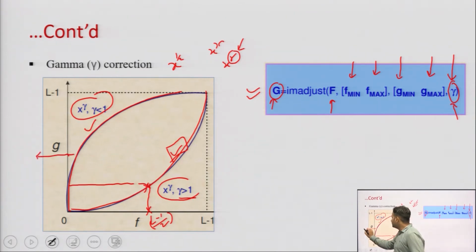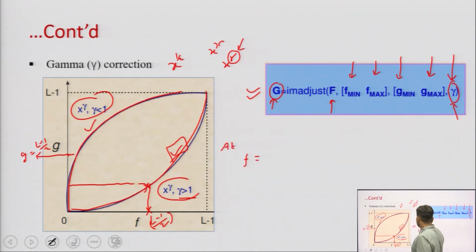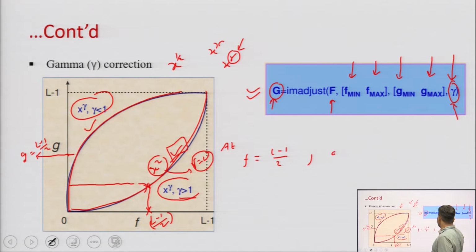So at f equal to (L minus 1) by 2, using the function x square, that is, choosing gamma equal to 2, the output pixel value for that particular input is lesser than this value.